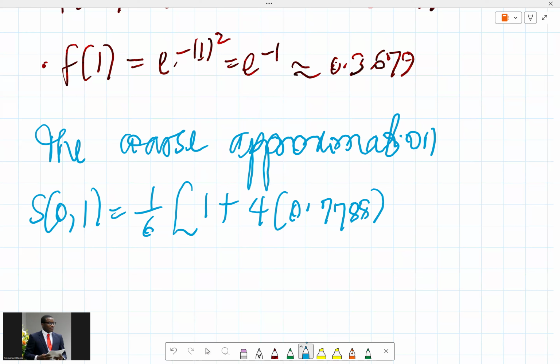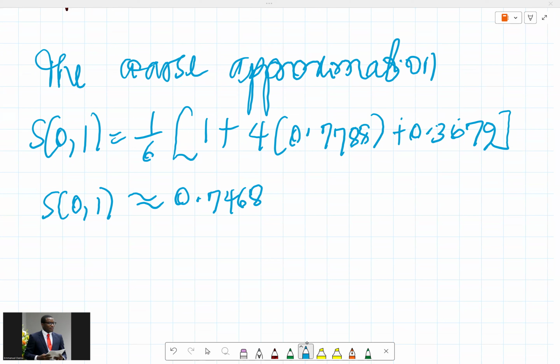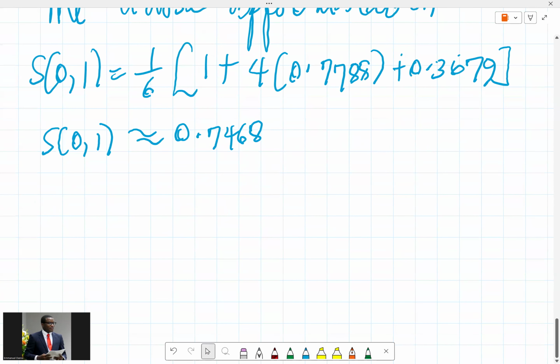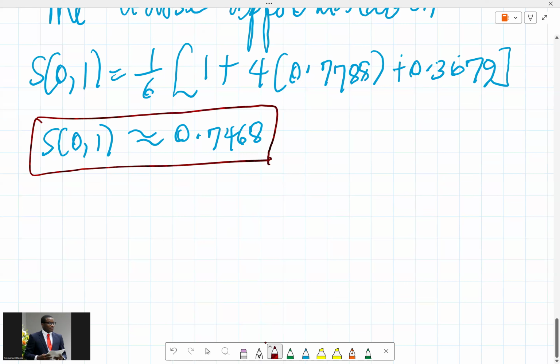And so S of 0, 1 is approximately 0.7468. So that's the first thing we can do with this. So we have this result now for the coarse one. Okay.